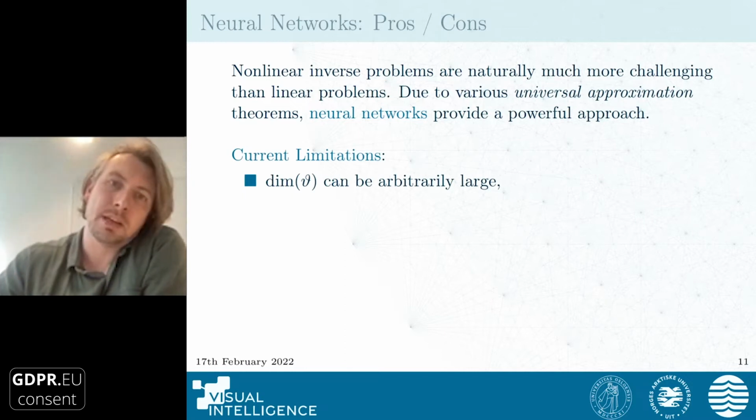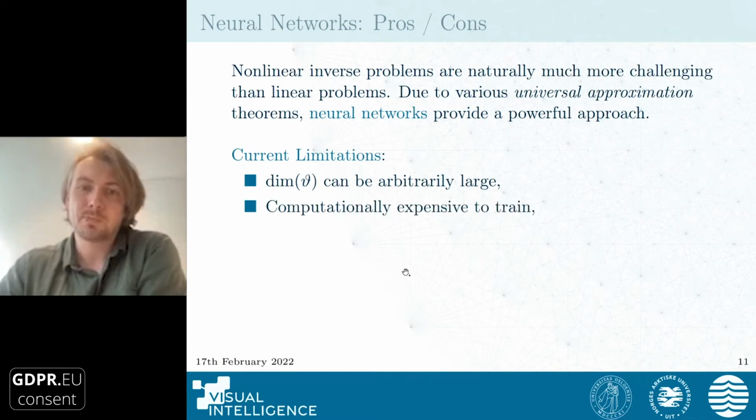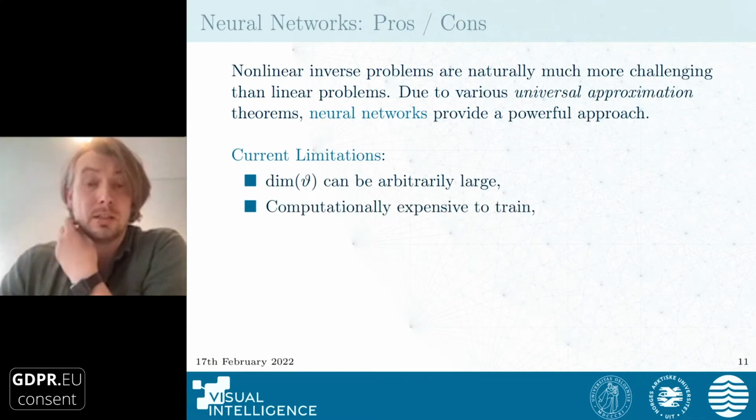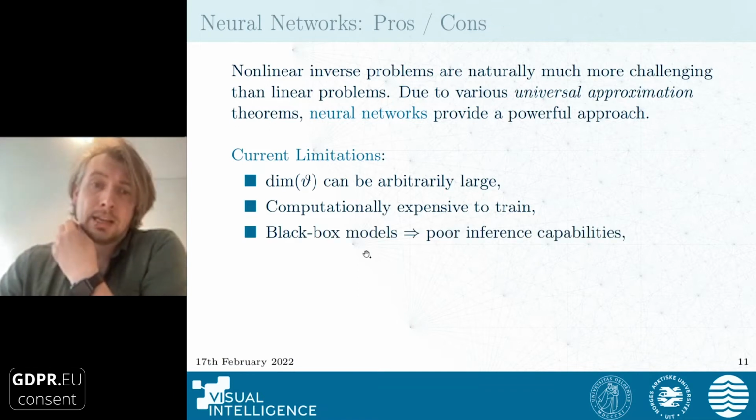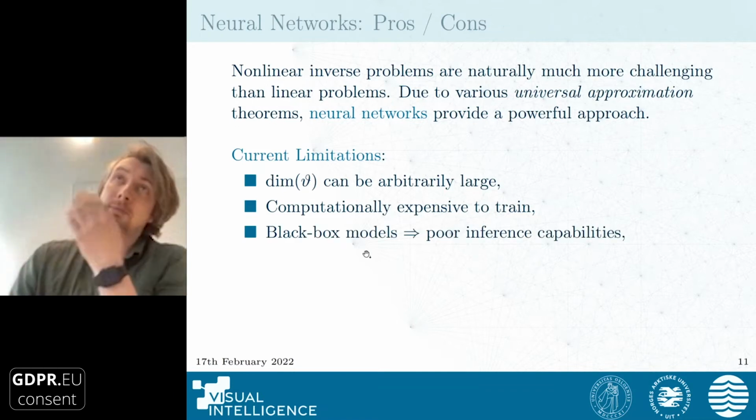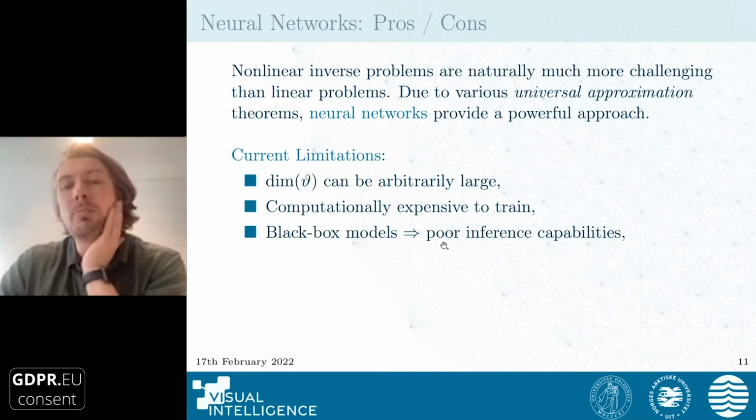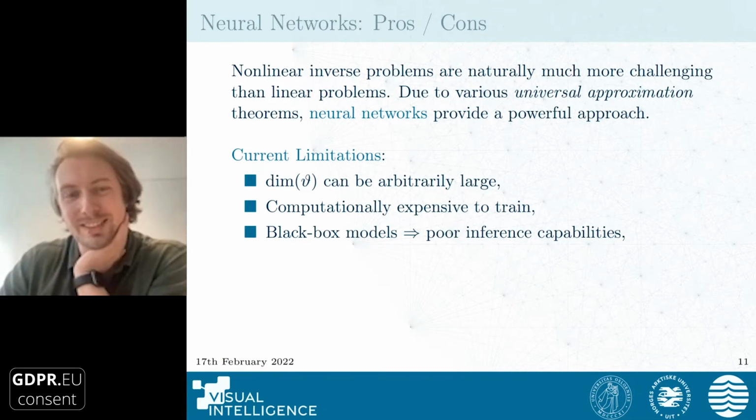The limitations of neural networks are that the dimensionality of the network can be arbitrarily large, they can be computationally expensive to train, and they're basically black box models with poor inference capabilities. However, this is one of our research challenges.